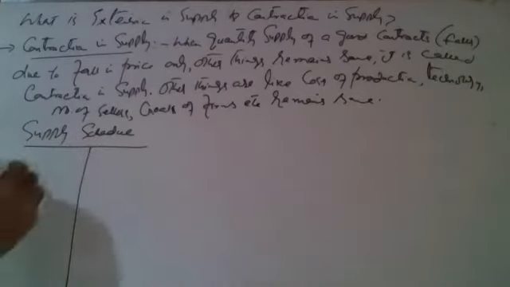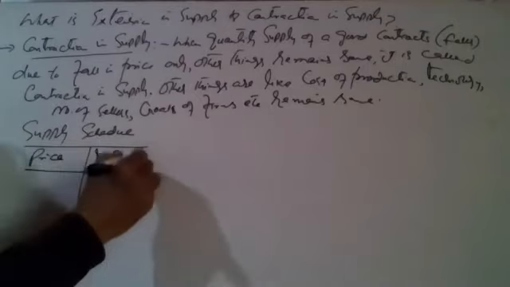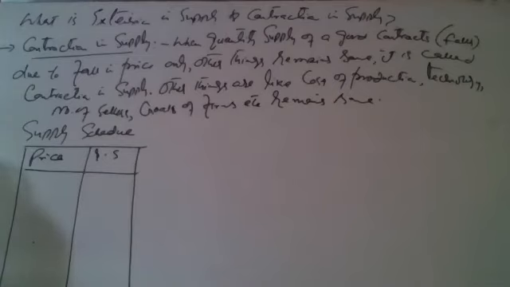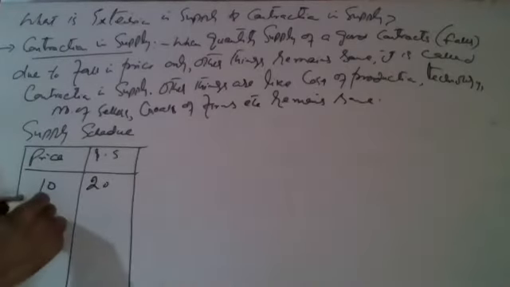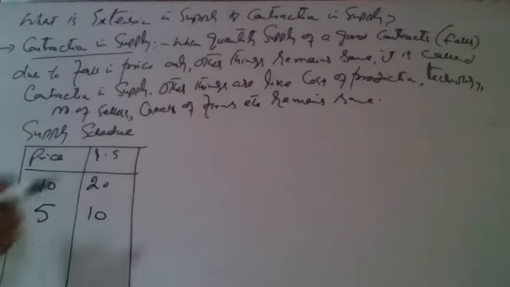We have here price and quantity supply. For example, price is 10, quantity supply is 20. Price falls to 5, quantity supply falls to 10.